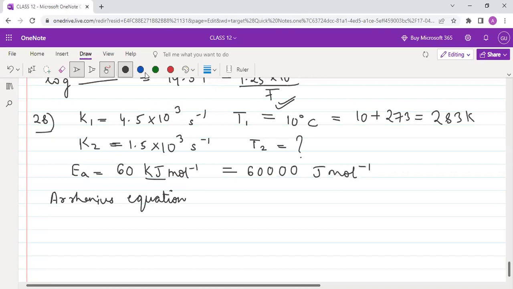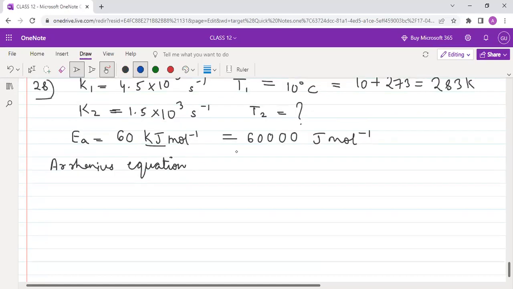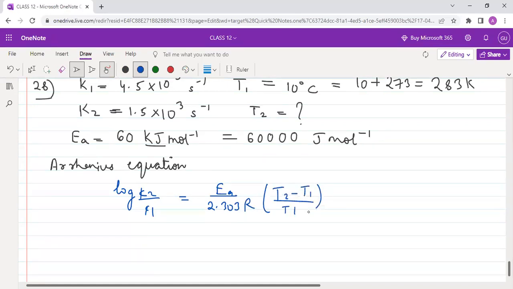Now, which equation will you use? Log K2 by K1 is equal to EA by 2.303 R into T2 minus T1 upon T1 into T2.